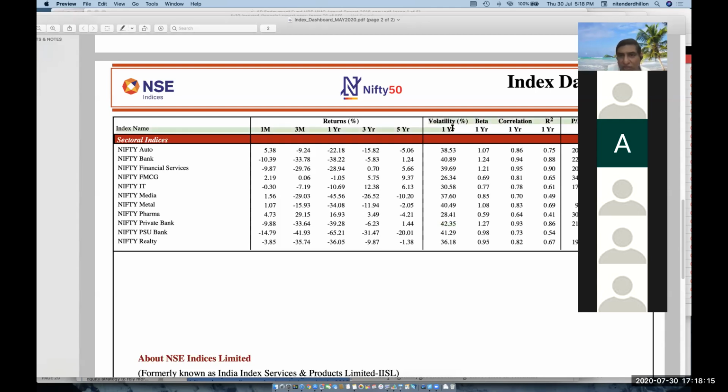Yeah, annualized volatility. So if the returns are, let's say, 10%, if I'm looking at 1 year returns out here, and Nifty Auto, let's look at a positive number. Okay, Nifty Pharma. So Nifty Pharma, let's say 17% annualized return. The daily return multiplied by 250 would have come to roughly 17%.